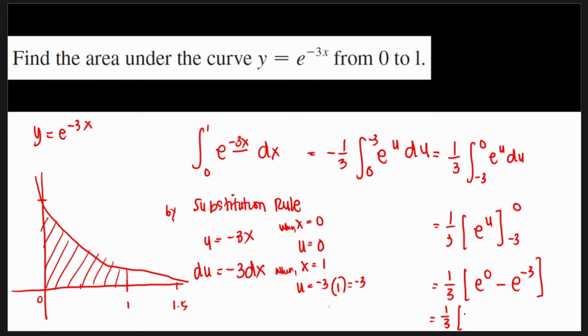Okay, so that is exponential of 0 minus exponential of 3.